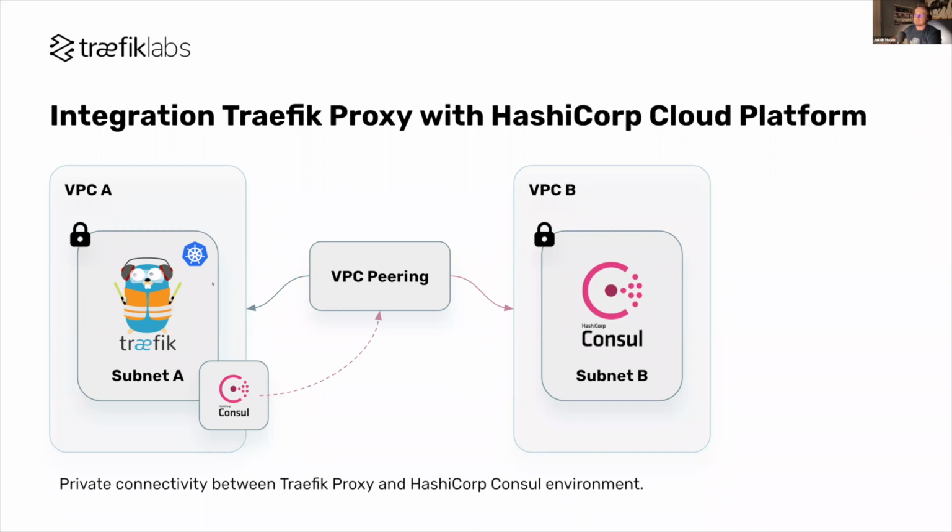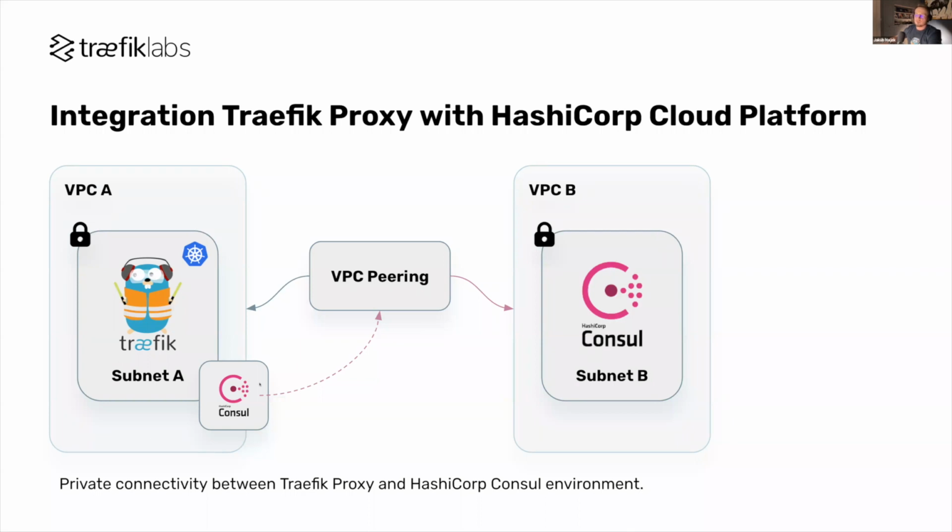So in order to reach Consul, you don't have to go directly through the internet, but you can use a private, let's say, tunnel, because this is a secure connection between VPC A and VPC B. So here is my Kubernetes with Traefik, and that's the Consul running outside my infrastructure, but it's still using secure connectivity.